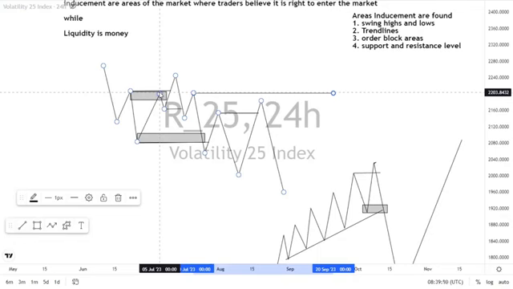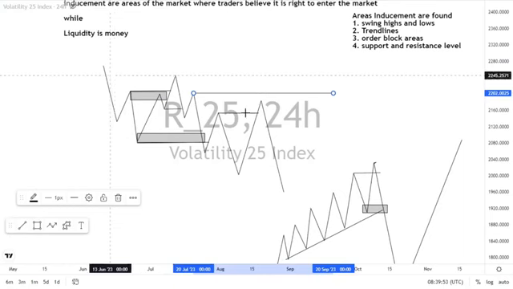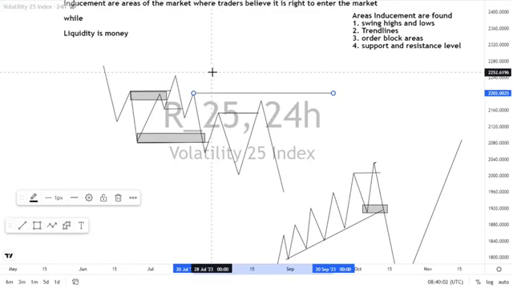I have a friend that will always say that whenever you see a lot of channels trying to buy a particular pair or trying to sell a particular pair, don't buy at that area. That will definitely be used as inducement, because a lot of people are focusing on that area of the market, and their stop losses are always above.